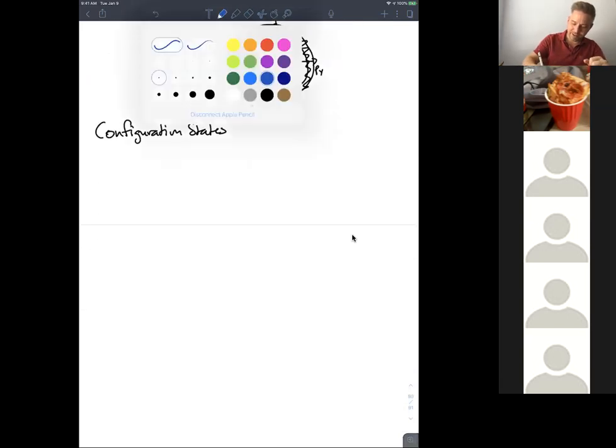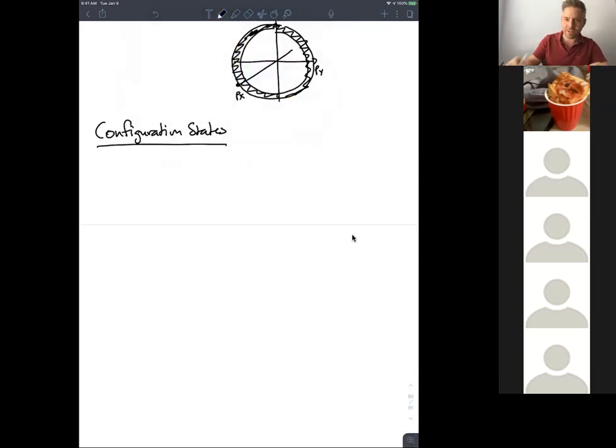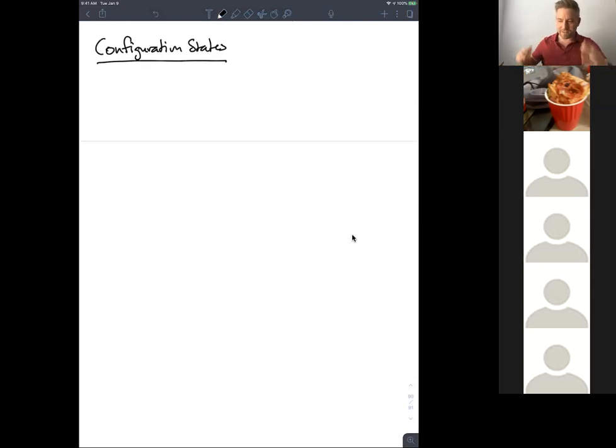So let's talk about how to calculate the density of configuration states. Configuration states just means the ways to physically, spatially distribute all of the atoms and molecules in your box. Okay, so now how are we going to do this? In other words, what we want to evaluate is this.